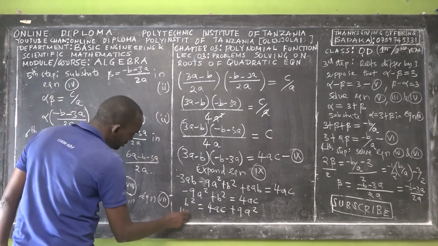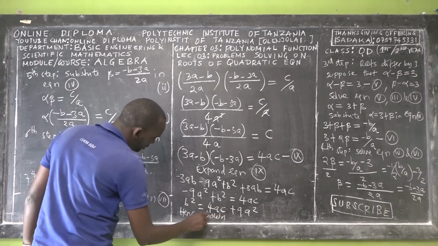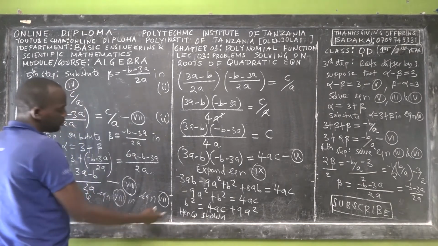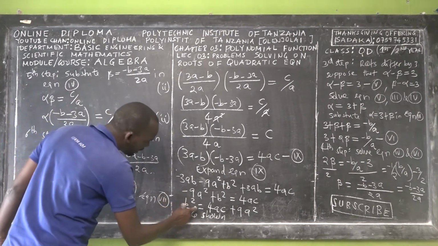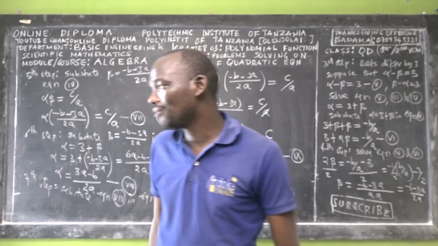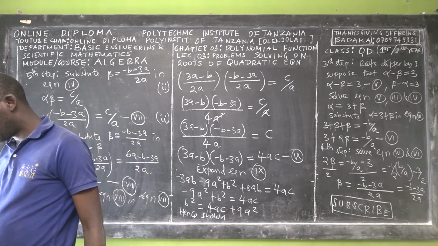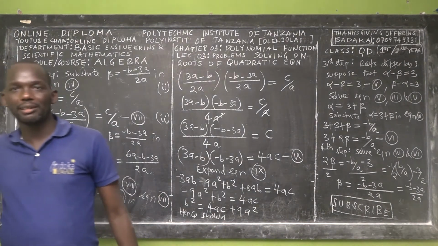So hence shown, because the question was asking to show the expression b squared is equal to 4ac plus 9a squared, and I believe that you're enjoying the beauty of basic engineering mathematics.